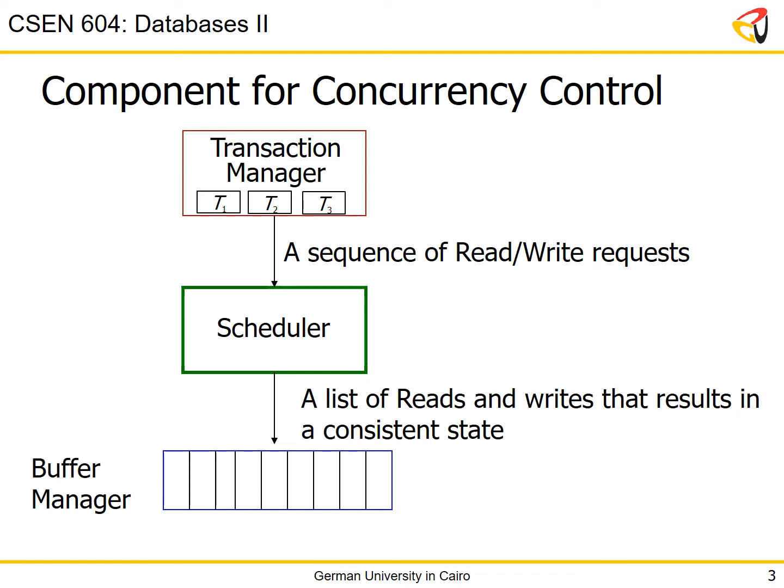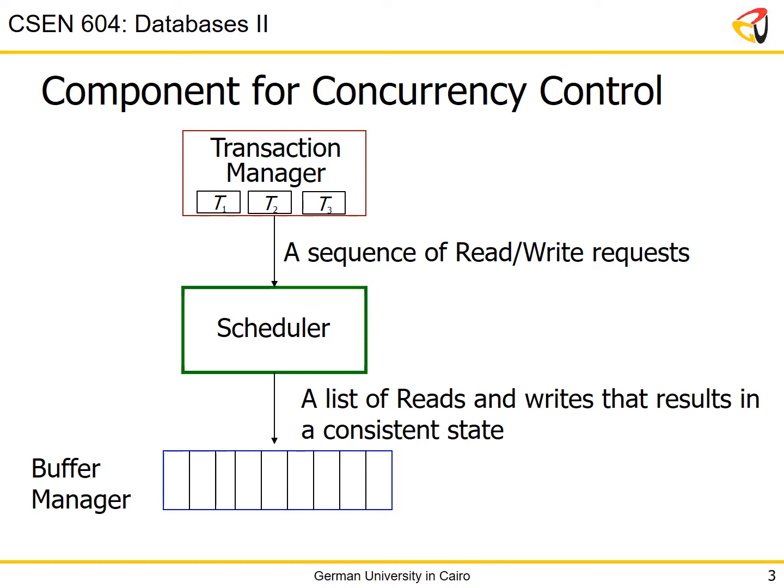Now, when a transaction makes a read or a write, which is going to the buffer manager, this read or write actually passes through another component that's part of the transaction manager, called the scheduler. The goal of the scheduler is to arrange the reads and writes before they arrive at the buffer manager.